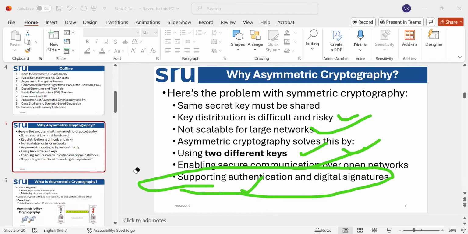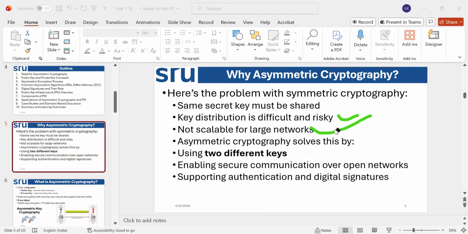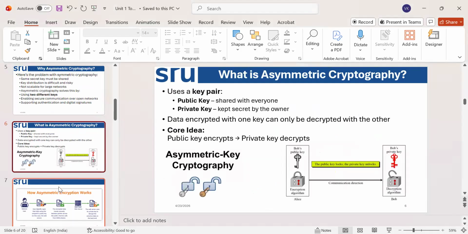Okay, now let's come to the point which says what asymmetric cryptography is. Symmetric means what? We have seen encryption and then decryption.